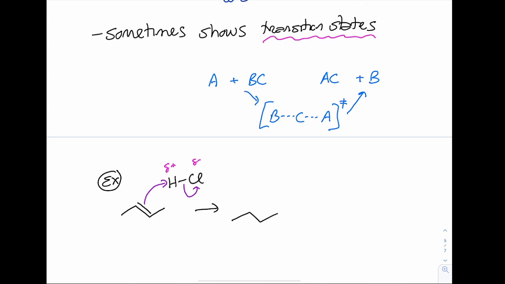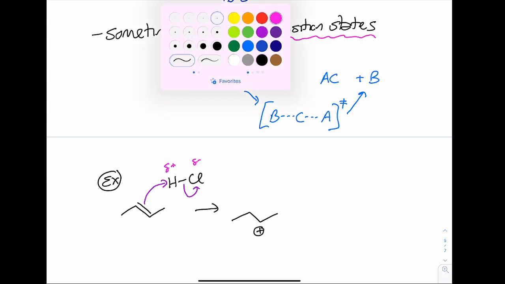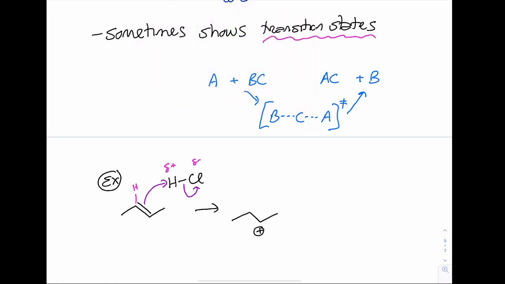What I have now is this intermediate. So I ended up putting the hydrogen on one of those 2 carbons. I actually put it on the first carbon, right? I had 1 hydrogen here and 1 hydrogen here. I now have 2 here, but I still have 1 here, so it does have that positive charge.